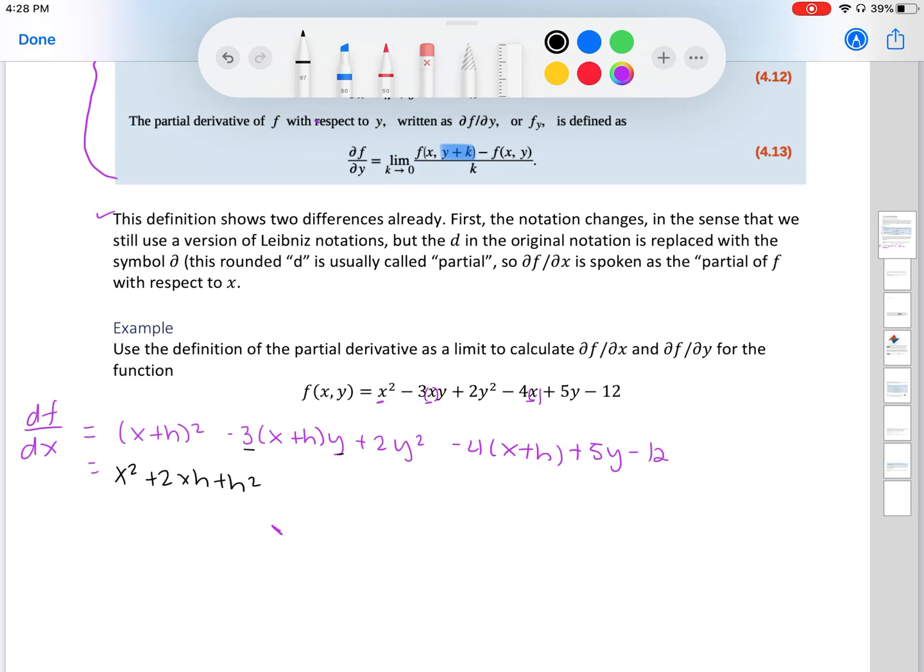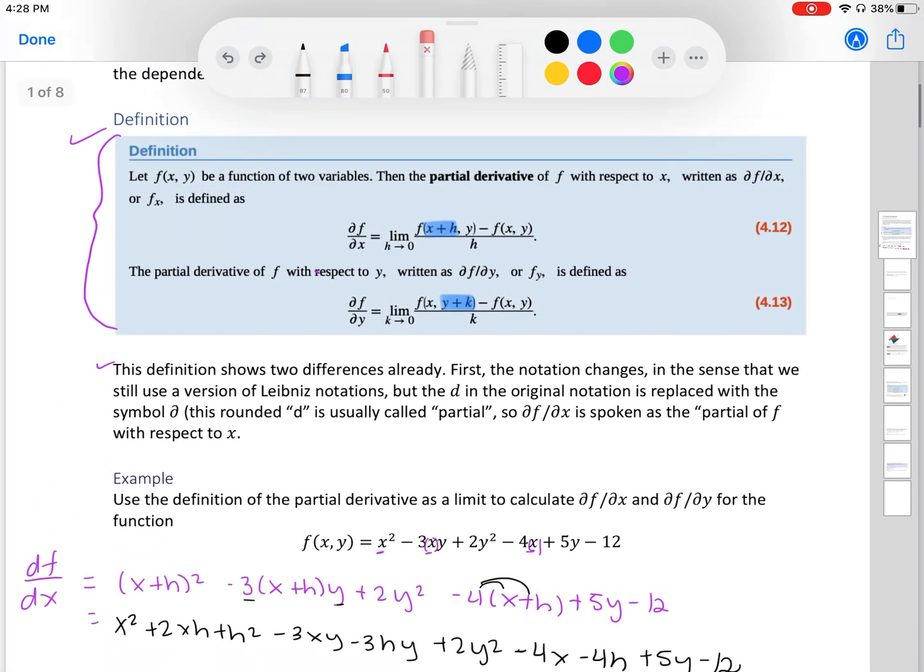We're multiplying in a negative 3y, so we're left with negative 3xy, negative 3hy, plus 2y squared, minus, distribute that negative 4, negative 4x minus 4h, plus 5y minus 12. Alrighty, well, that is the first part of our definition.